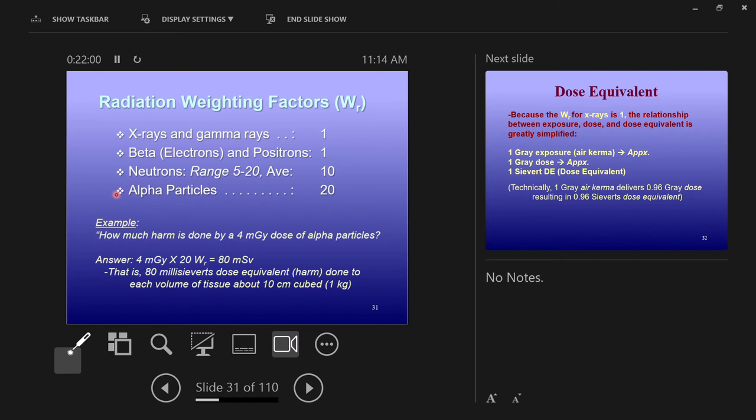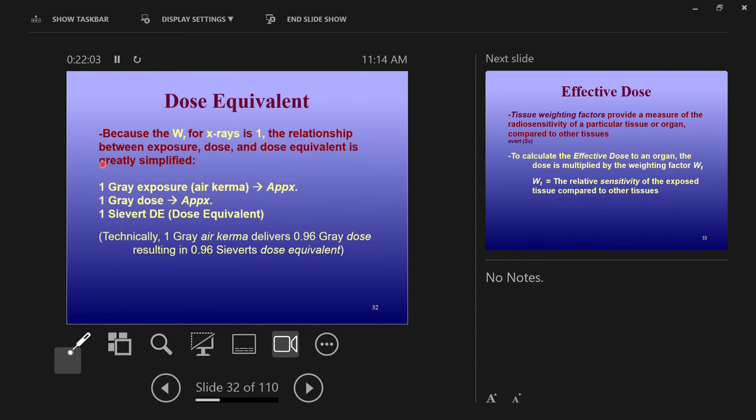All right, this next thing. This is the most important thing about dose equivalent. Because the radiation weighting factor for X-rays is 1, the relationship between exposure, dose, and dose equivalent can be very simplified, right? You're exposed to 1 gray of radiation. That equates to 1 gray of tissue dose, which comes out to 1 sievert in dose equivalent. They're equal, okay, with X-rays.